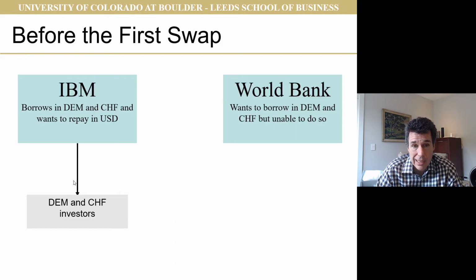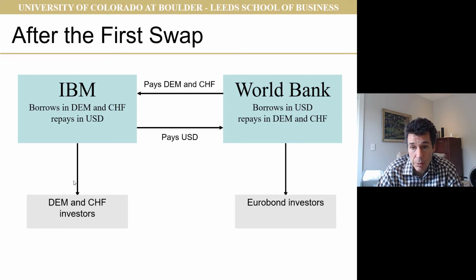Before the deal, IBM had borrowed in Deutschmarks and Swiss francs and wanted to repay in dollars. So they had Deutschmark and Swiss franc investors. The World Bank wanted to borrow in Deutschmarks and Swiss francs but wasn't allowed to. So what happened?